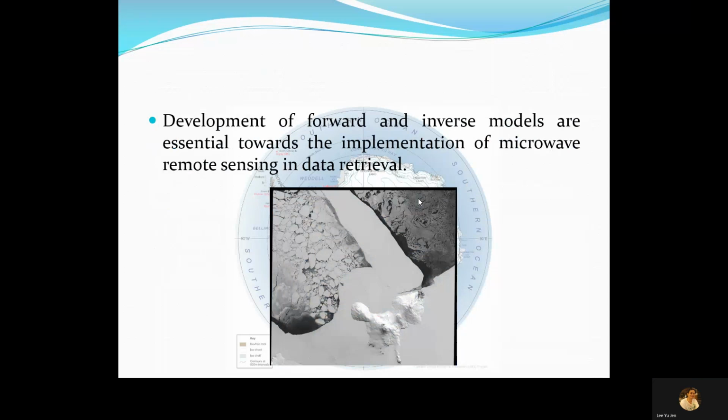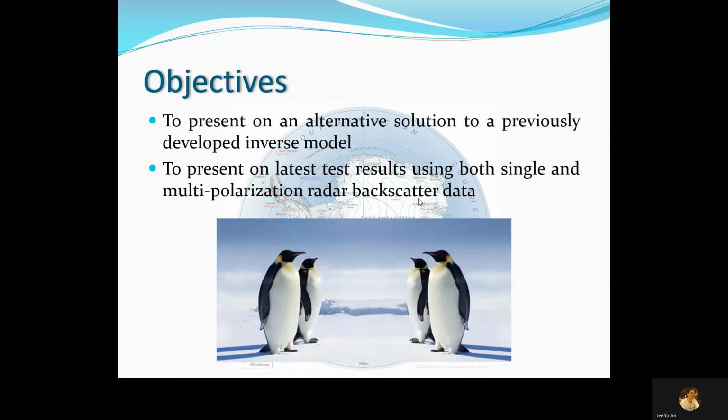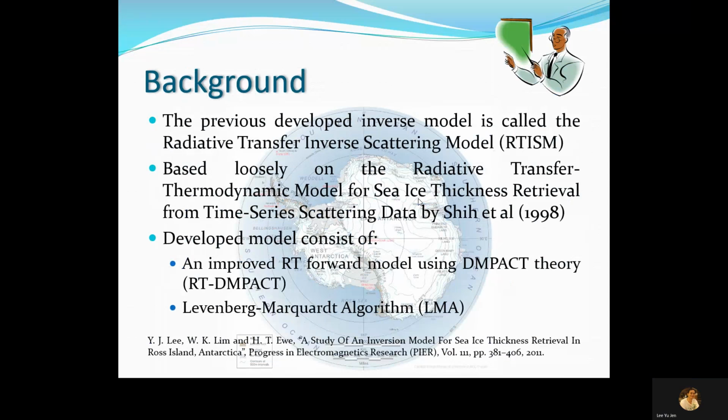So the development of a forward and inverse model is important if we are looking at how we want to apply remote sensing to sea ice. So in today's presentation, the main objective is to present on an alternative solution to a previously developed inverse model, and to present on the latest test results using both single and multi-polarization radar backscatter data.